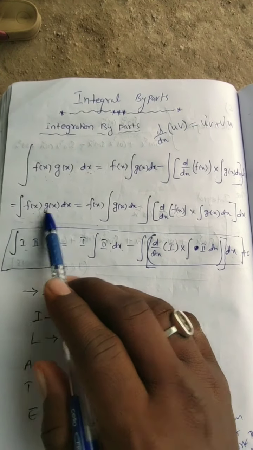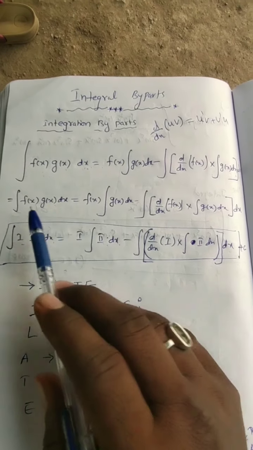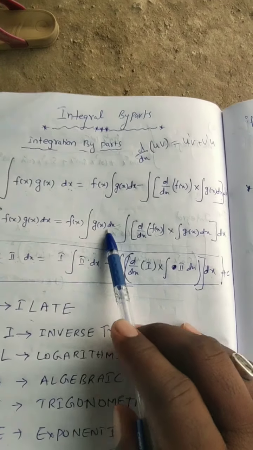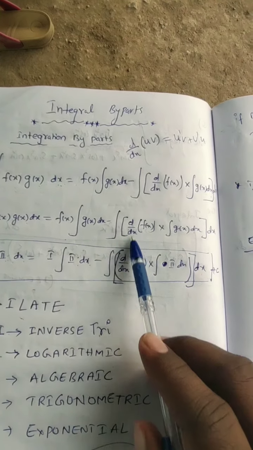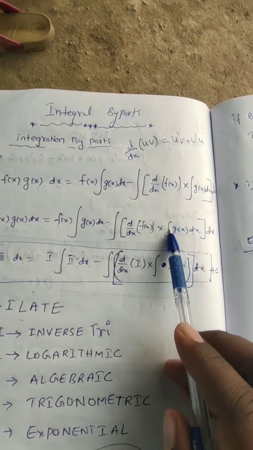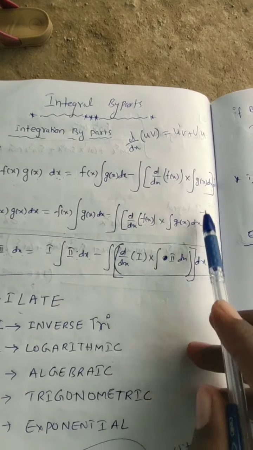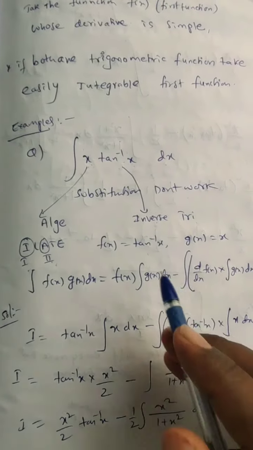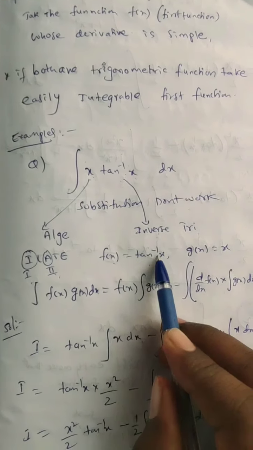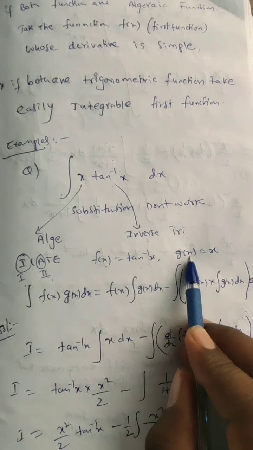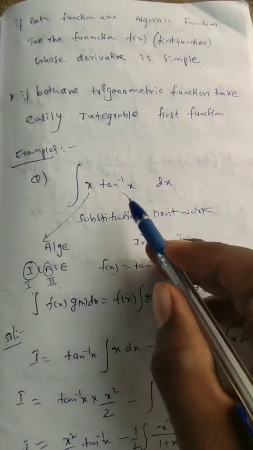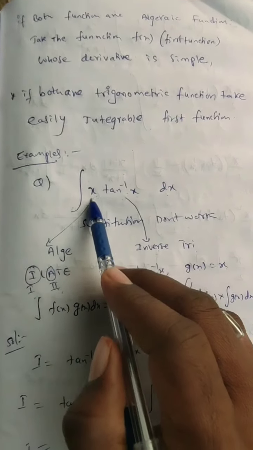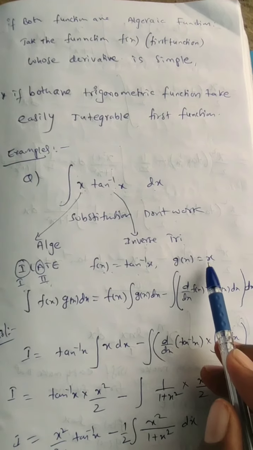The integration of f(x) g(x) dx is equal to f(x) outside, we integrate g(x), and then minus, we differentiate f and integrate g, then the whole thing is integrated. That is your final answer. Here f(x) is tan inverse x and g(x) is x. The first function, inverse trigonometric, is f(x) and the second function is algebra, that is x.